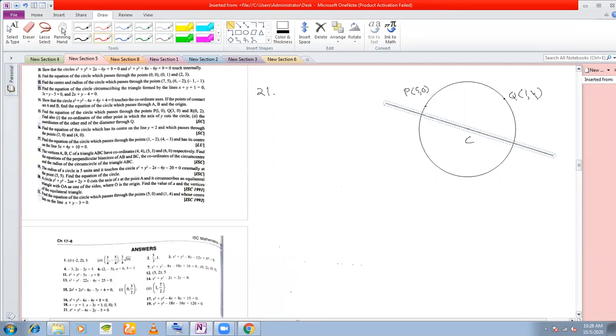Whose equation is given to you as x plus y minus 3 equal to 0. Now the question here is find the equation of the circle. Again, since 2 points are given, we'll start with the standard equation of the circle, the general equation of the circle.